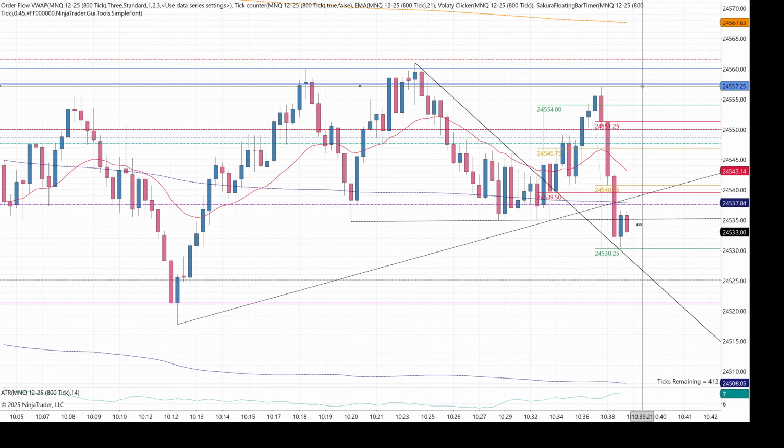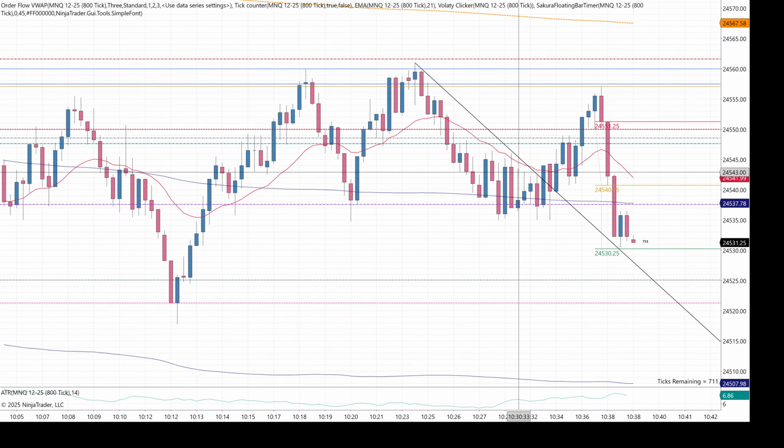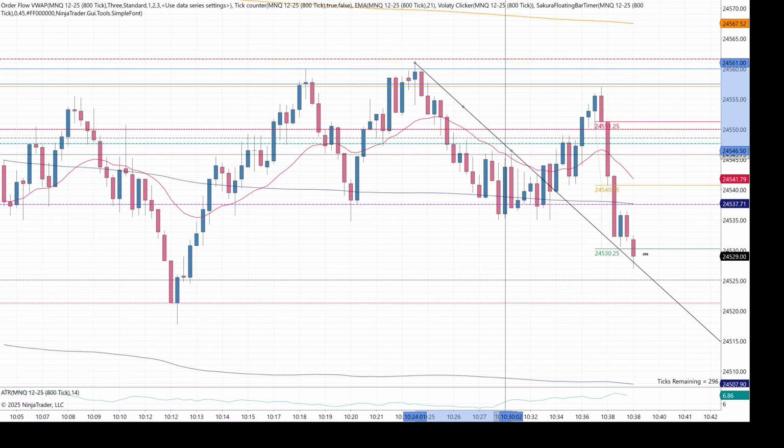The golden ruler goes up. And we're almost at target of the bearish trade. So, wow. Kudos to them.